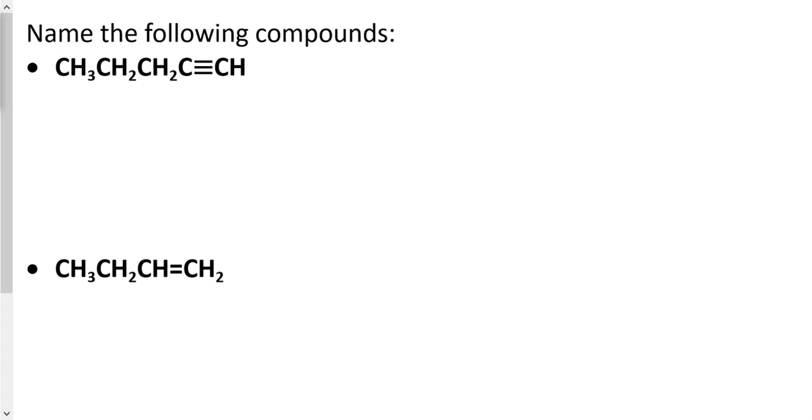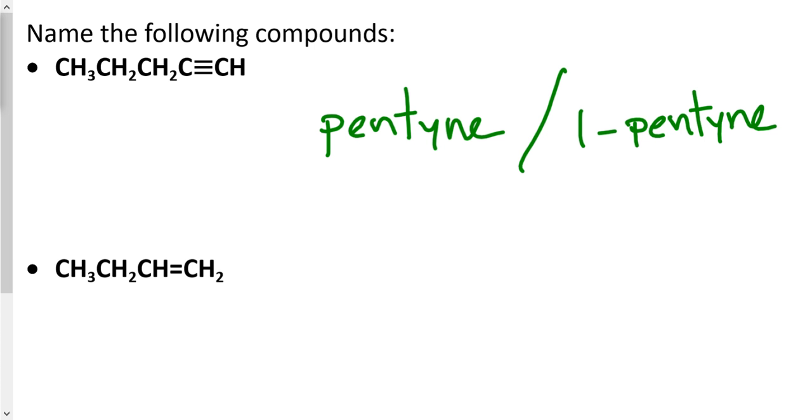So after watching this video, you should be able to name and draw the compounds at this point. So please pause the video and try to name the 2 compounds that are posted here, and then check your answer. So for the first one, I noticed a triple bond, so the name must be YNE, and there are 5 carbons, so the prefix must be pent, and therefore the name could be pentyne, or you can write 1-pentyne because the triple bond is in between your first and second carbon.